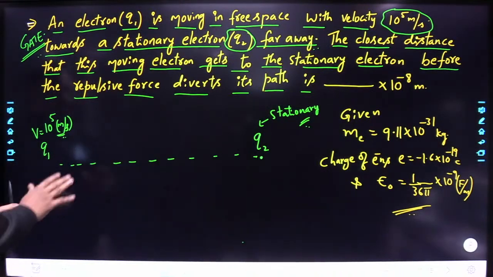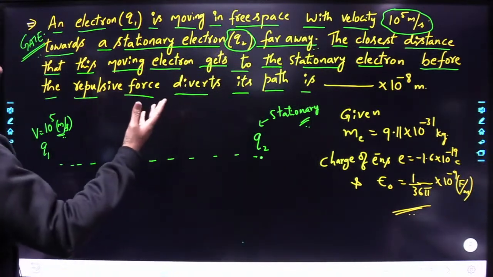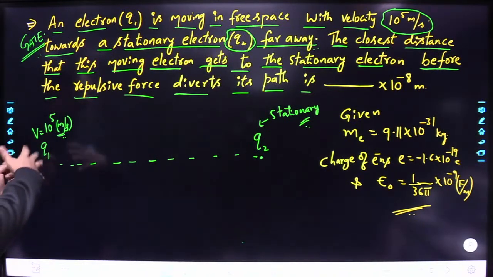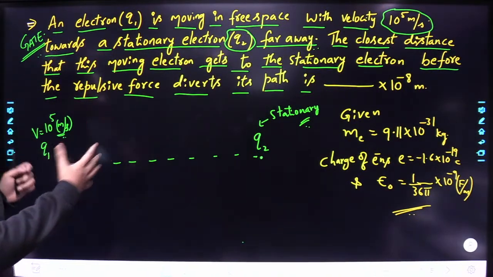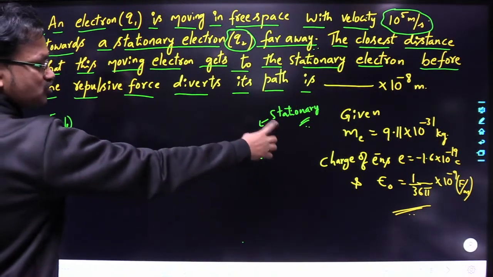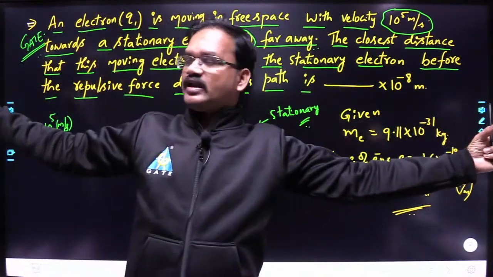Whenever they say far away, what do you mean by that? This Q1 is not going to experience any field that is produced by Q2. Q2 is present here and Q1 is present very far away.